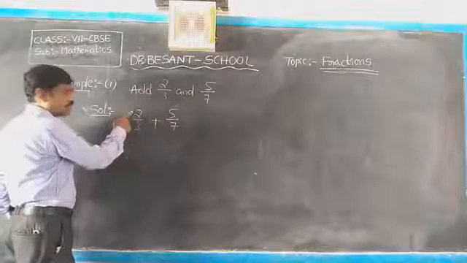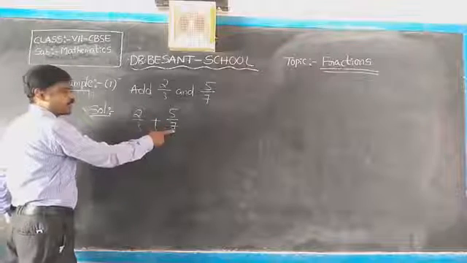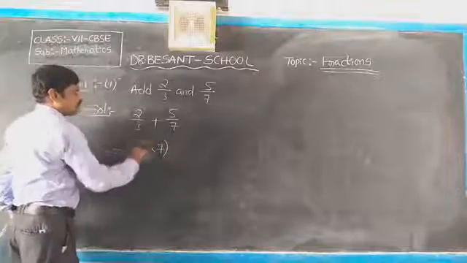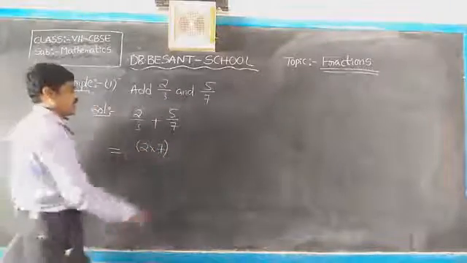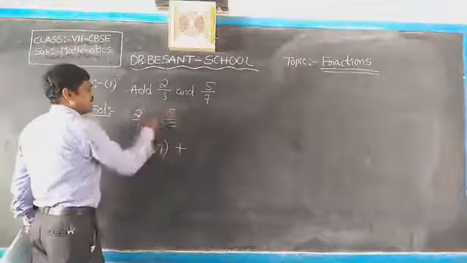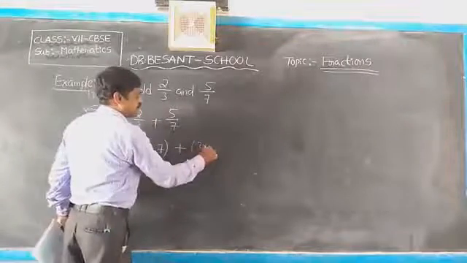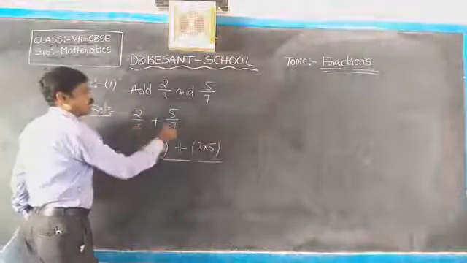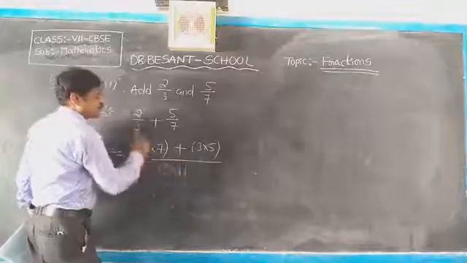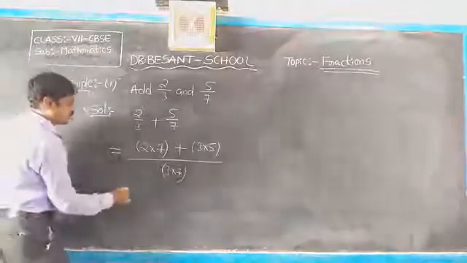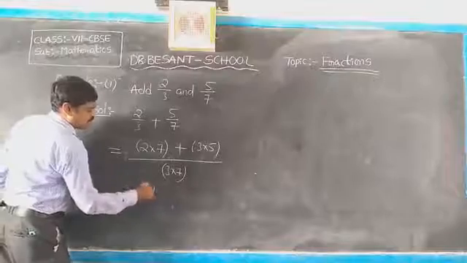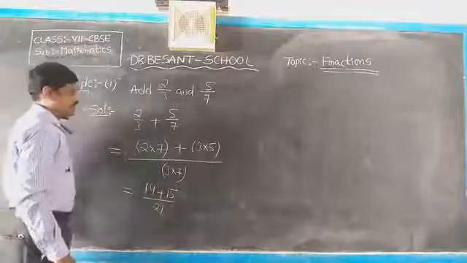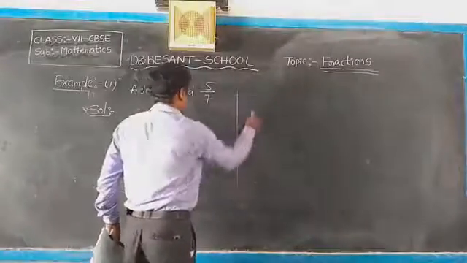So this numerator and this denominator you have to multiply: 2 sevens are 14 plus 3 fives are 15, cross multiplication, whole by 3 into 7, these two you multiply, 3 sevens are 21.